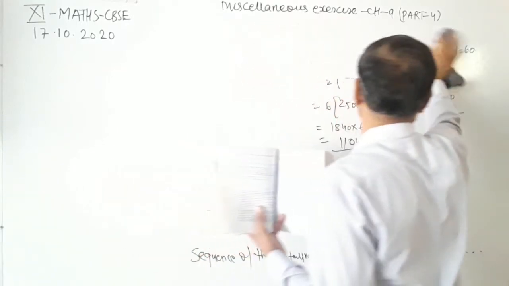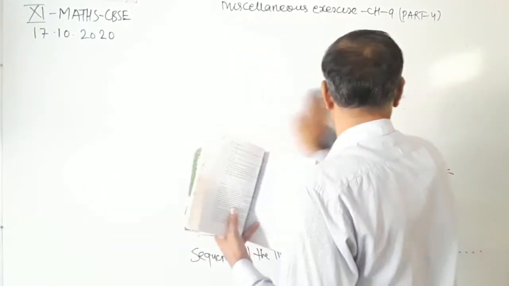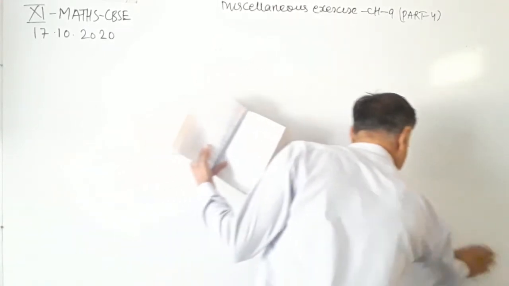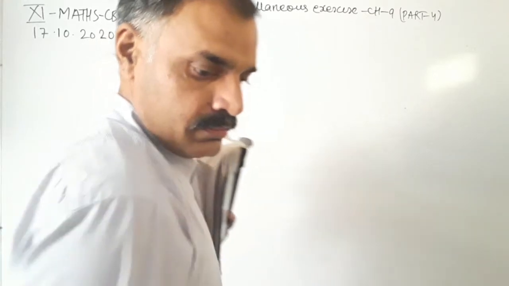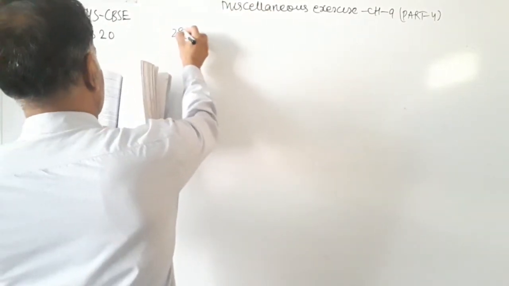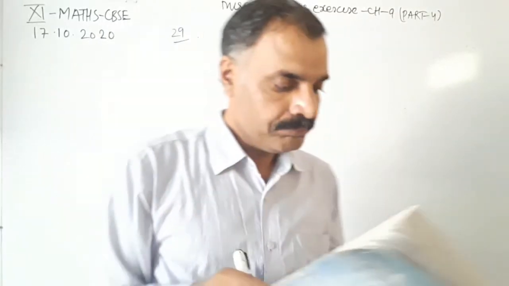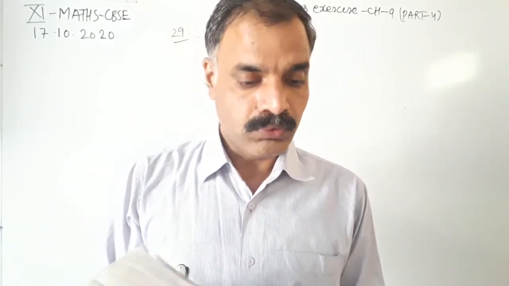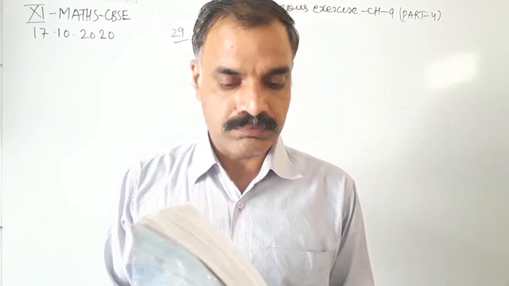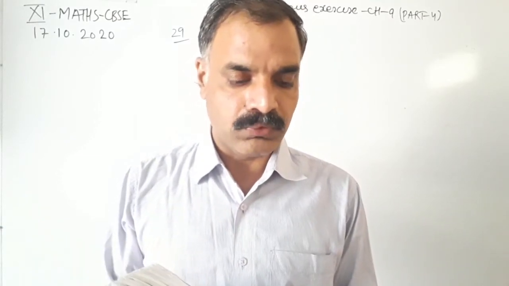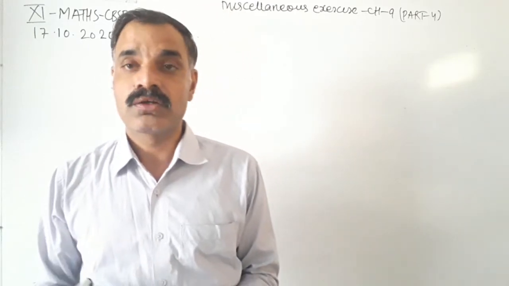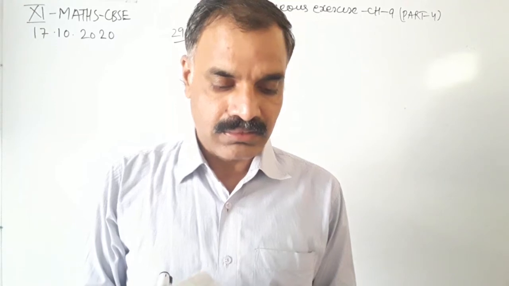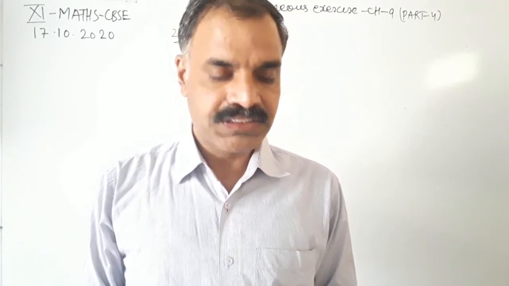Question number 29. A person writes a letter to 4 of his friends. Then he asks each one of them to copy the letter and mail it to 4 different persons, with the instruction that they move the chain similarly.